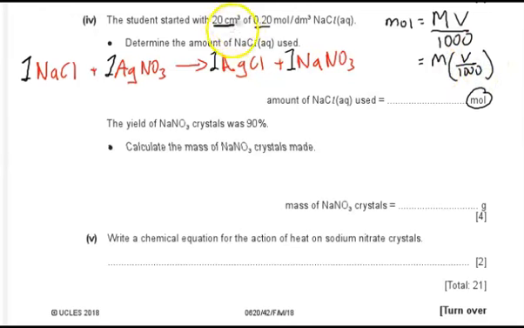I'm going to change the cm cubed into dm cubed. So your calculation here will be M is 0.2 and your volume is 20 divided by 1000. Let me calculate this, divided by 1000. So I'll be getting here.